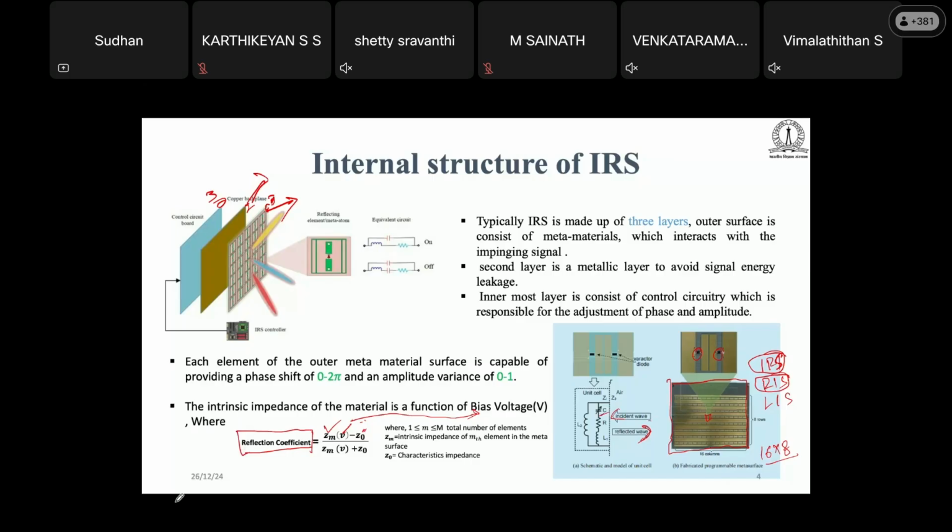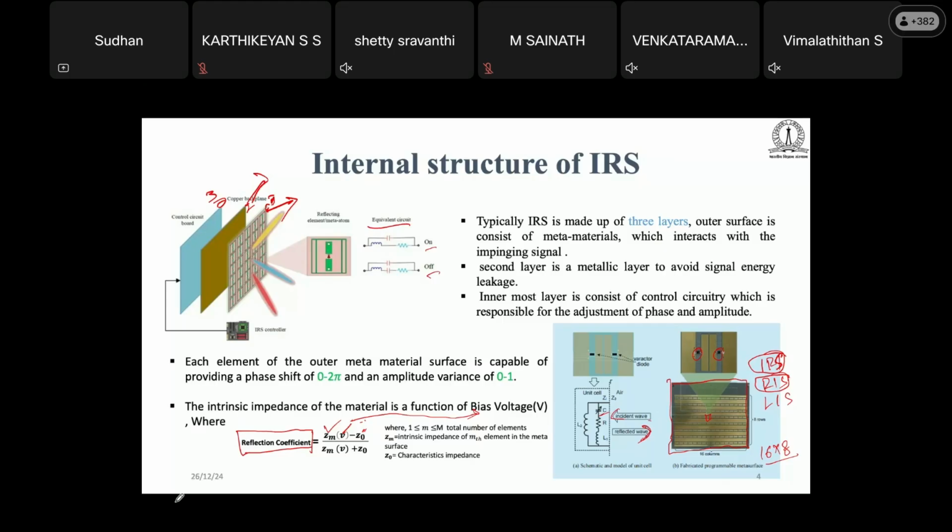This is generated by an equivalent circuit of on and off, and this on and off varactor diode takes very minimal power. That's why we call it passive.